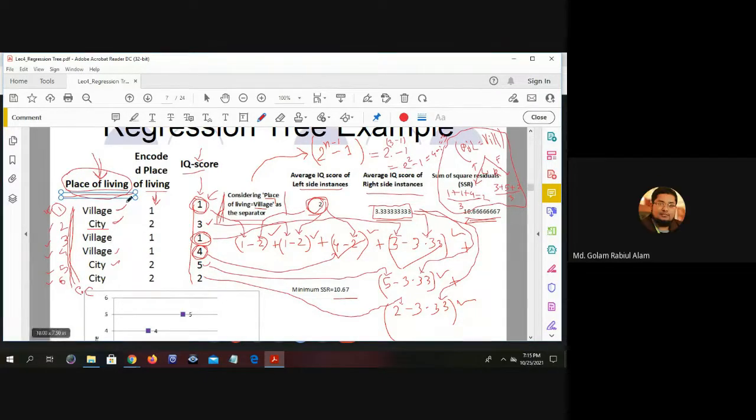Okay, so here is the case of the three. And how about the four? That means maybe village, city, capital city, and maybe you can say metropolitan city. So we have now four variables.